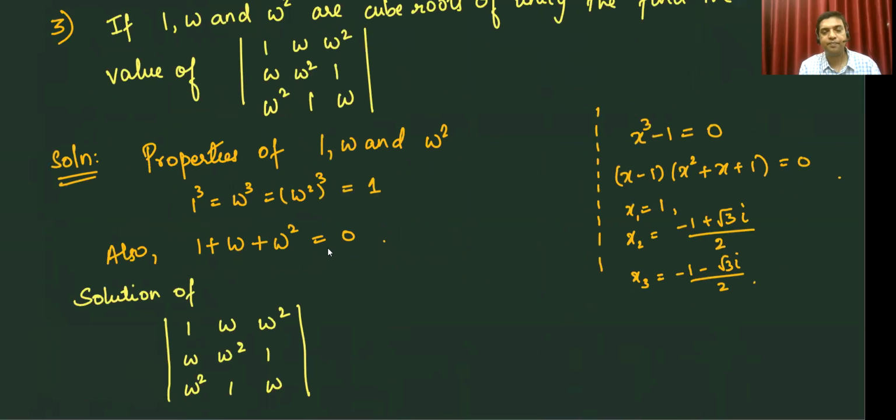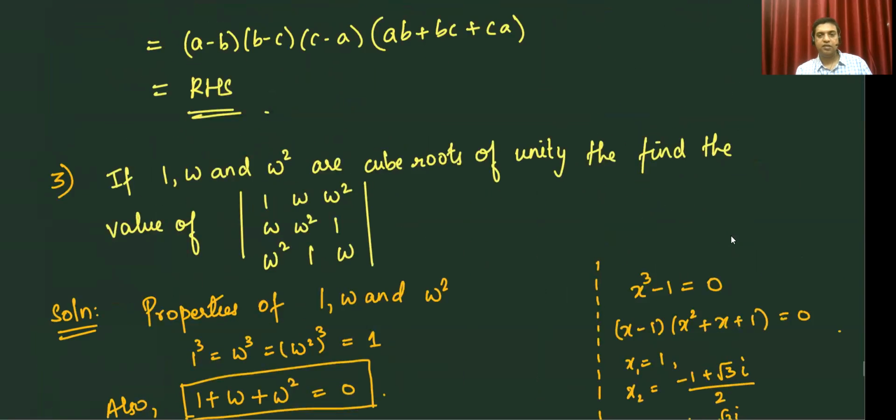Like any other property, if there is a different kind of question involving the same variable, maybe you can get it, but this is a very, very important property for complex numbers, cube roots of unity. Okay, it comes from this. Add these three, you will get 0, the cube roots.